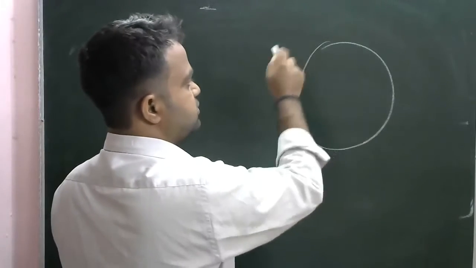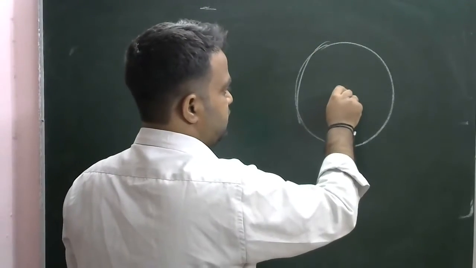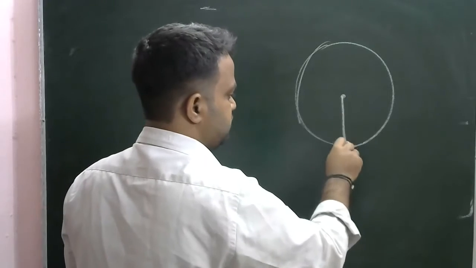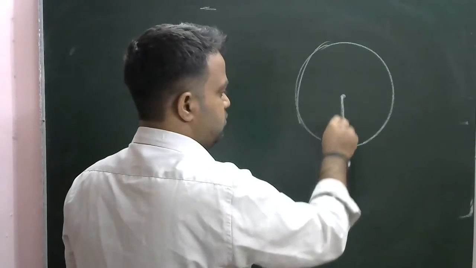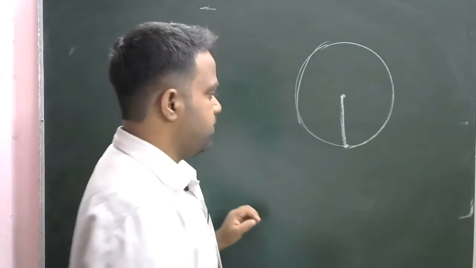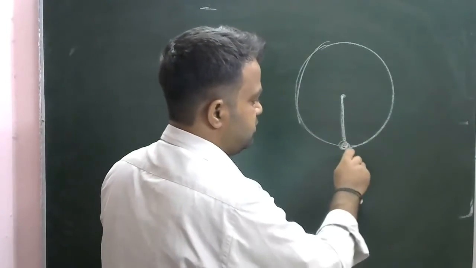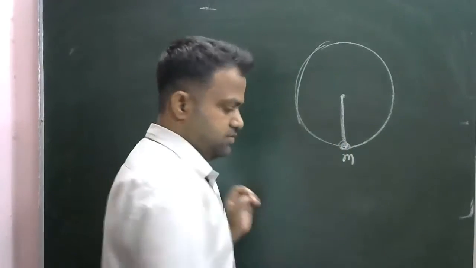This is not horizontal. This is in a vertical circular motion, and let's say this is from the center to a point on the circumference. And the mass is hanging here, let's say m is here.